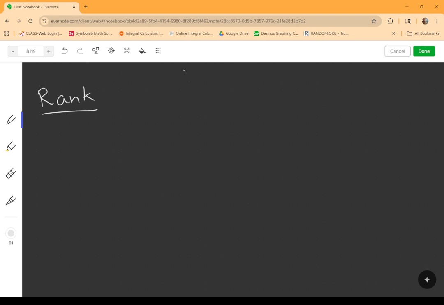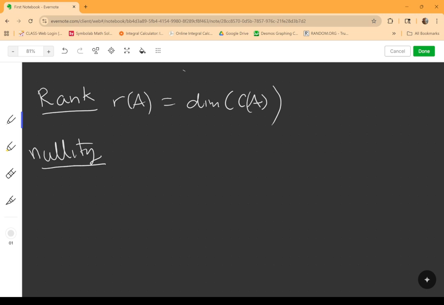The rank of a matrix, which we'll write as R of A, is equal to the dimension of the column space of A. And the other term we're going to look at is the nullity of a matrix, which we'll write as N of A. That refers to the dimension of the null space of A. You can instantly determine the rank and nullity when we're in reduced row echelon form.